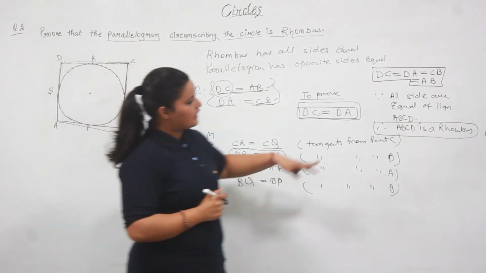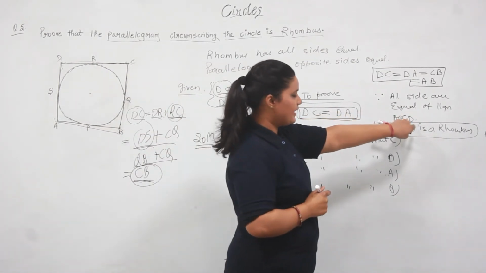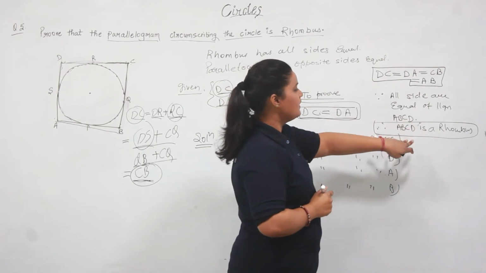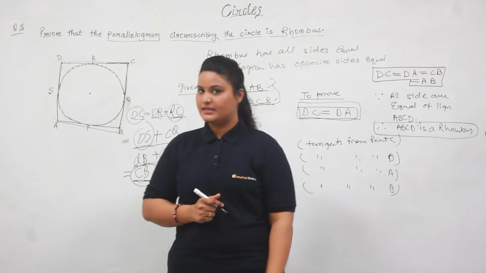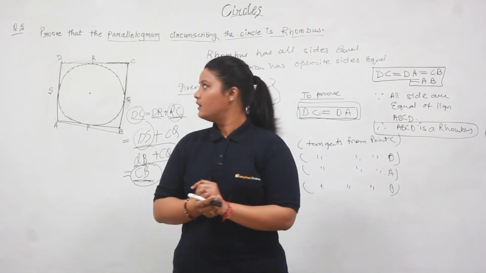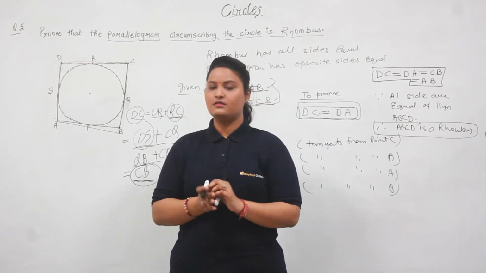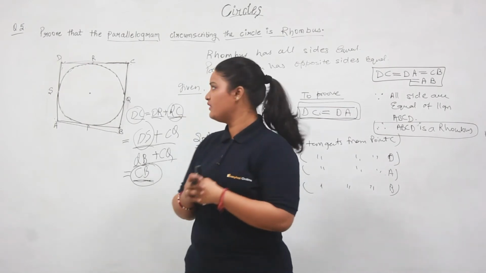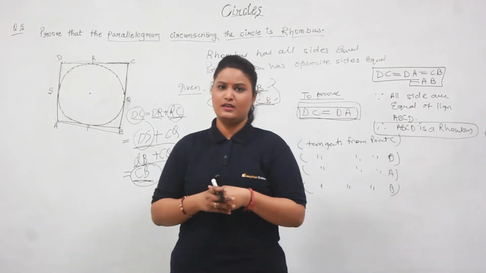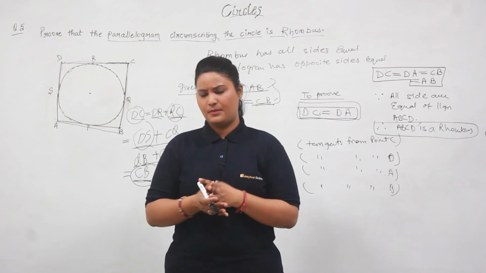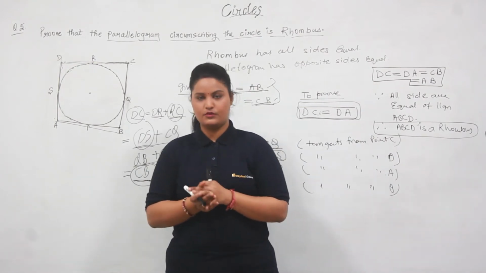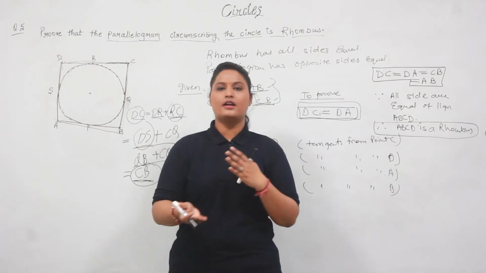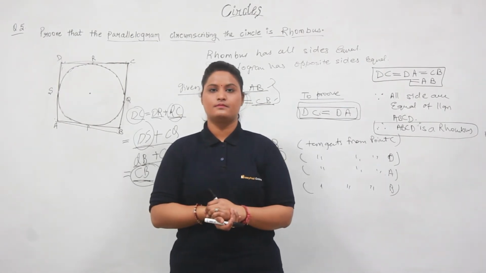Then I came to the conclusion that all the sides of the parallelogram are equal, so ABCD is a rhombus. I hope you understand it, and this is one kind of question. It can be converted, like if a rhombus is given, you have to prove that it is a parallelogram or not, or maybe any other figure. Okay, so this is how you can prove the questions. Now we will come to the next question.